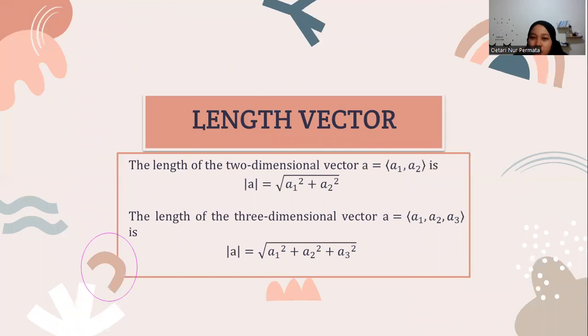The length of the two-dimensional vector a equals ⟨a1, a2⟩ is |a| equals akar a1 kuadrat tambah a2 kuadrat. The length of the three-dimensional vector a equals ⟨a1, a2, a3⟩ is |a| sama dengan akar a1 kuadrat ditambah a2 kuadrat ditambah a3 kuadrat.